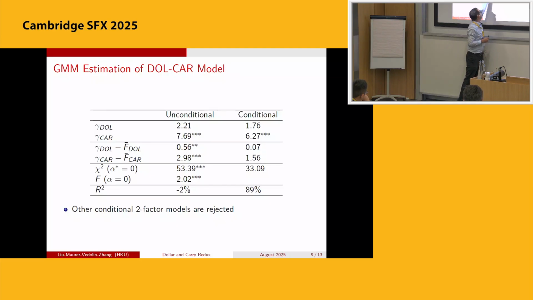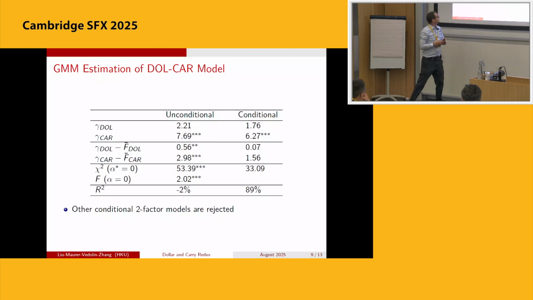But most importantly, if you look at the GRS test, the alphas in the cross-sectional regression for the unconditional model are very far different from zero. So basically the model cannot explain these returns. And the R-square of model predicted versus average returns is basically zero.